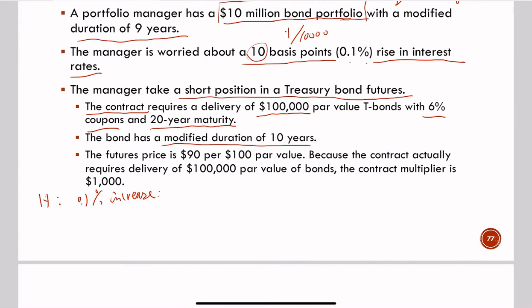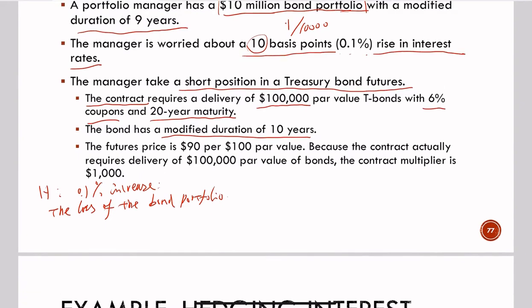Okay, let me just use the loss. The loss of the bond portfolio would be given by the value of the bond, which is $10 million, times the modified duration, which is 9, times the change in the yield, which is 0.1%.